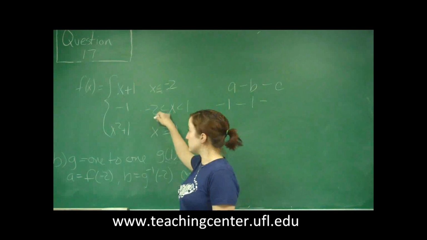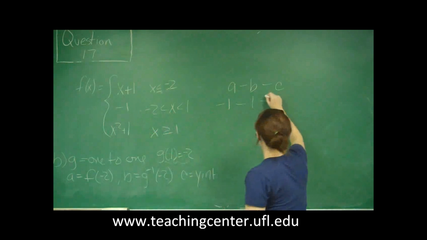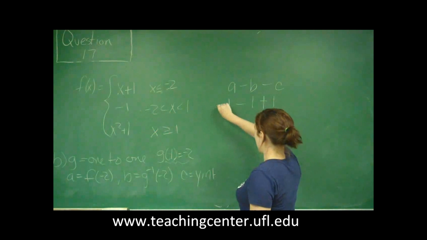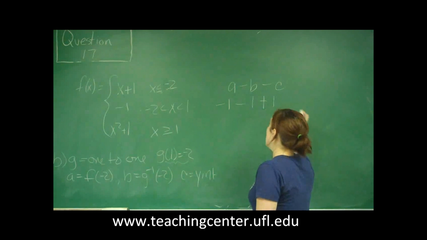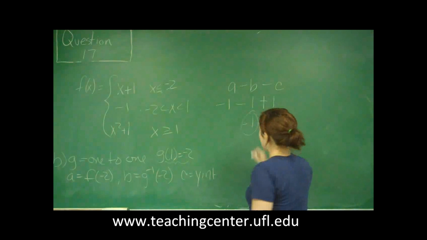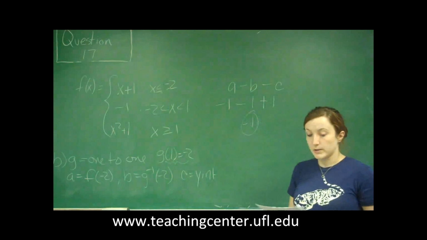When x is 0, y is negative 1, so it's plus 1. So you get negative 1 minus 1, which is a negative 2, plus 1, which is a negative 1. So that is your answer to part B.